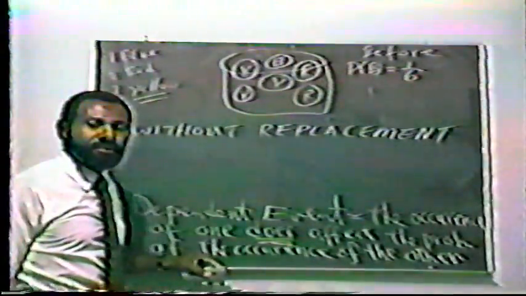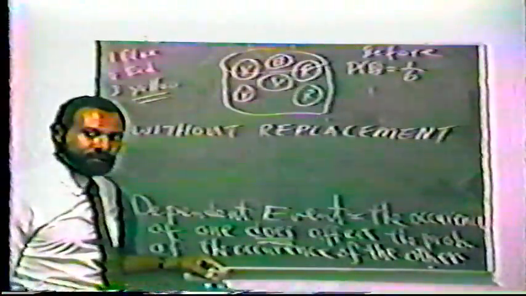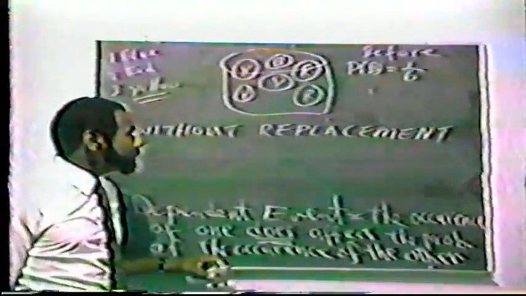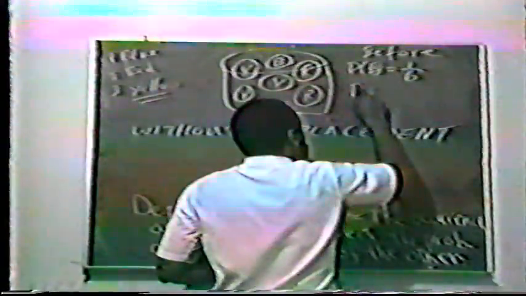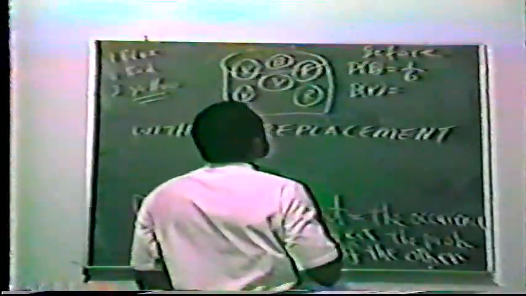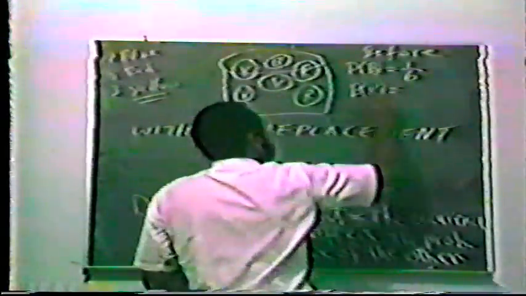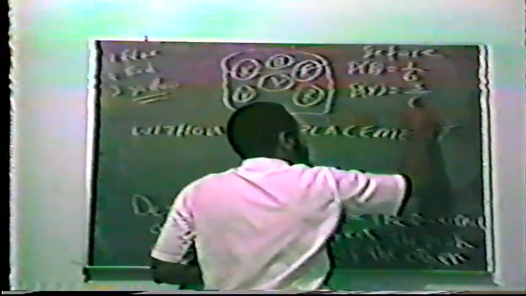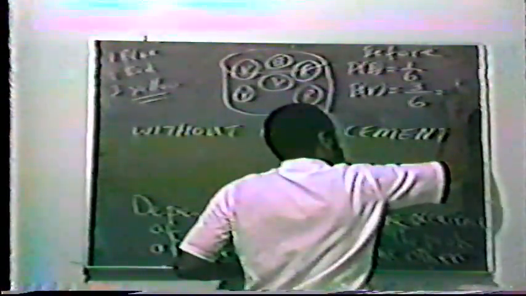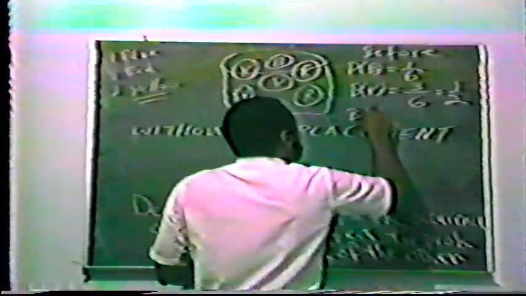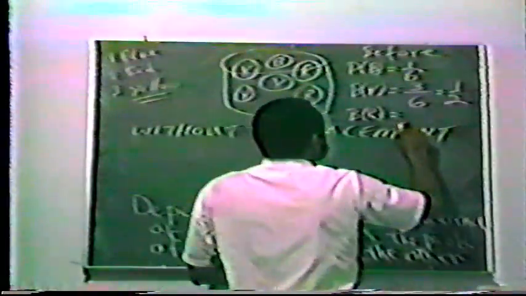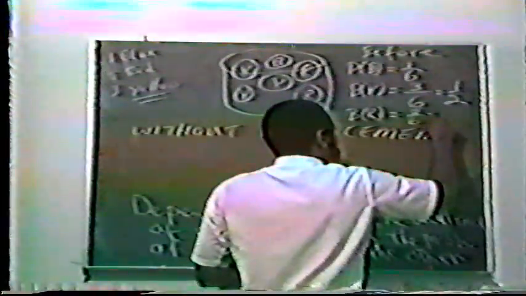Before we take the blue ball out, the probability of getting a yellow ball is 3 yellow balls over the total of 6, 3/6, which reduces to 1/2. Before we take the blue ball out, the probability of getting a red ball is 2/6, which equals 1/3.